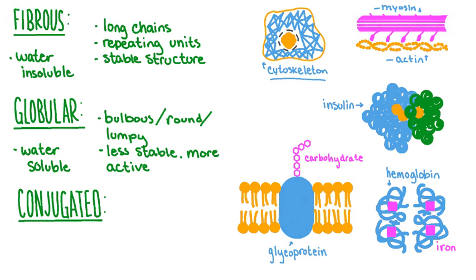Examples of globular proteins are enzymes, as well as certain hormones, for example, insulin. Conjugated proteins are proteins that are attached to a non-protein chemical. Some examples are glycoproteins, which function in cell communication, and hemoglobin, which allows our blood cells to efficiently carry oxygen.